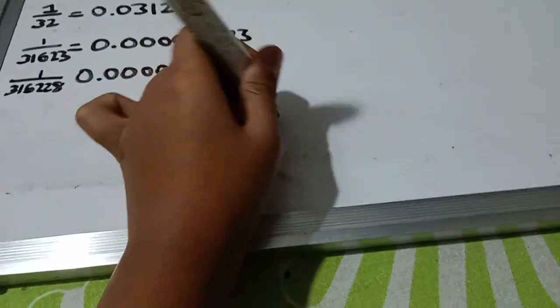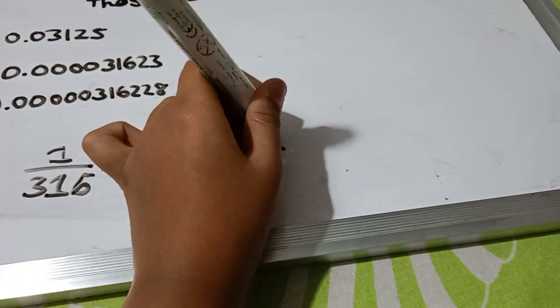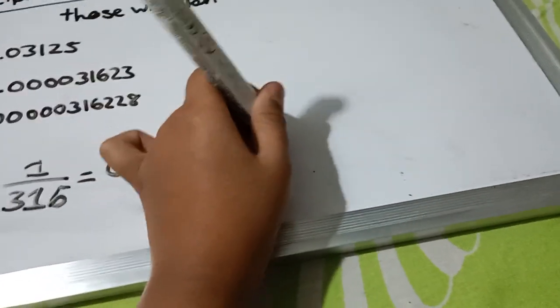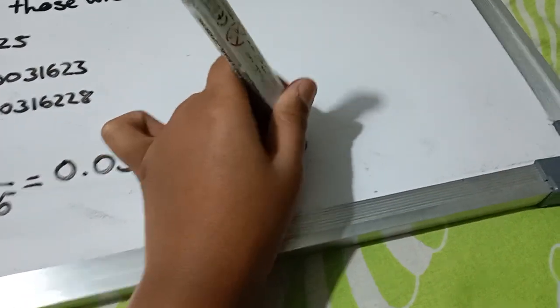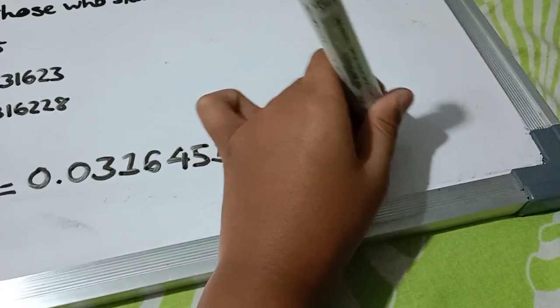Yes, 1 divided by 316. No, not next to it, I will write it down. So 1 divided by 316 is 0.0316556962025.